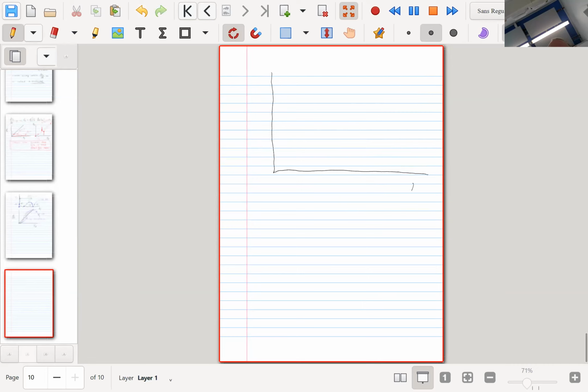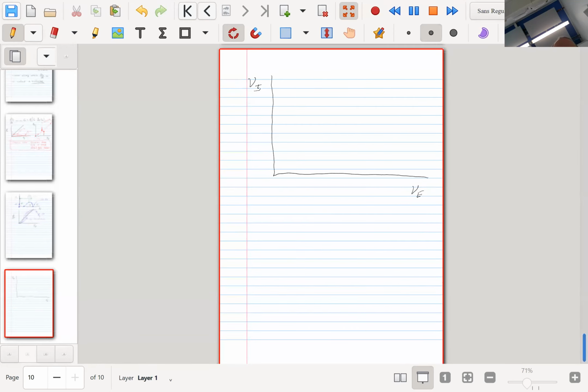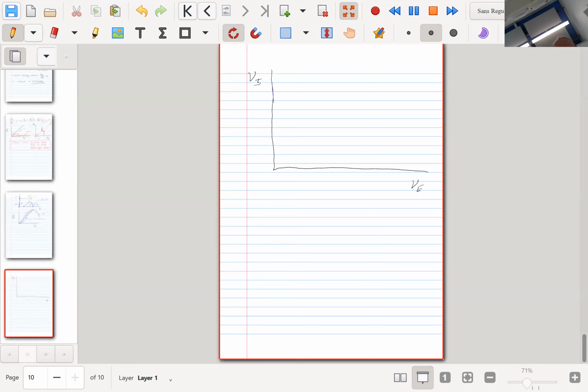This is nu E, this is nu I. We're going to use blue for excitatory. It's all along here, and then it starts over here. We don't really know, it's got some shape like this. And red for inhibitory.